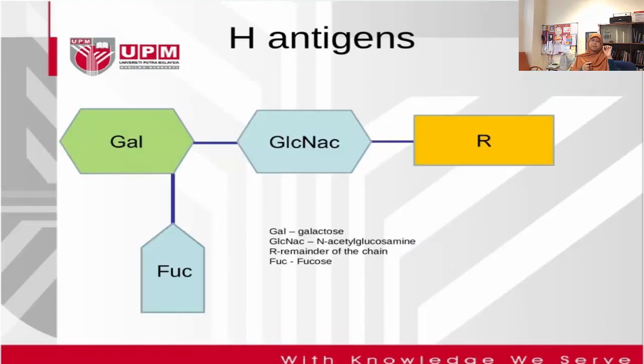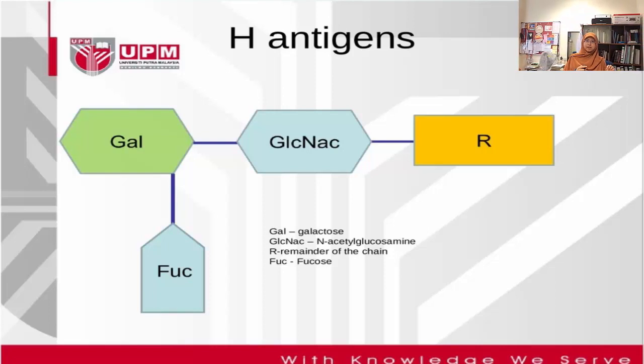If a person has the H gene, and most of us have H genes, this gene will encode a specific transferase enzyme, and this will result in the addition of L-fucose to the precursor chain, either type 2 or type 1.